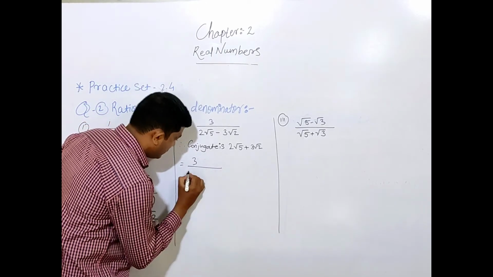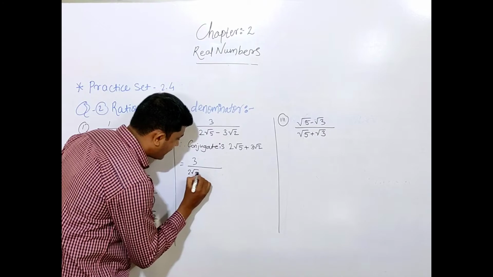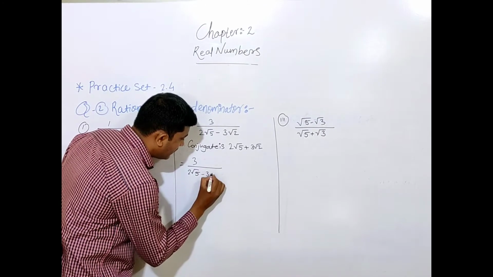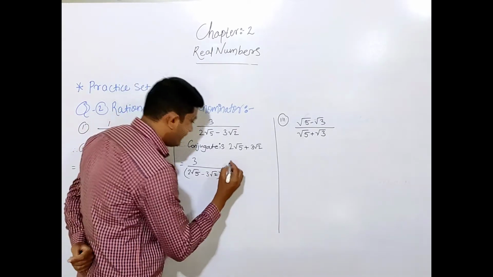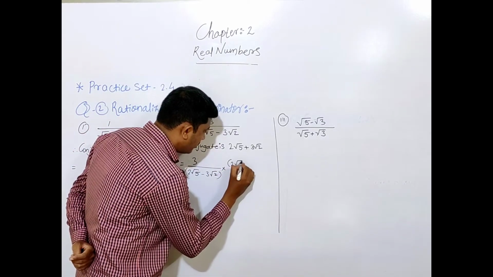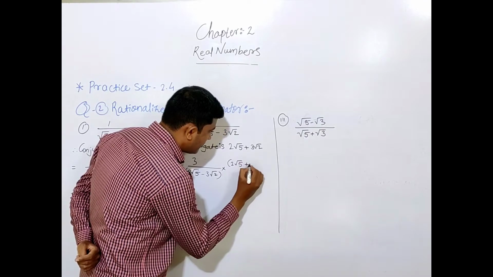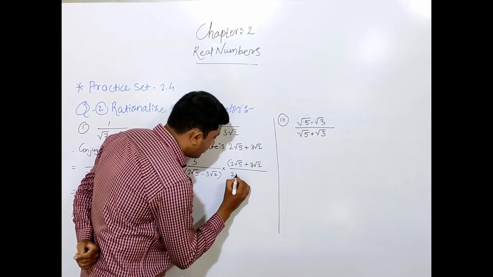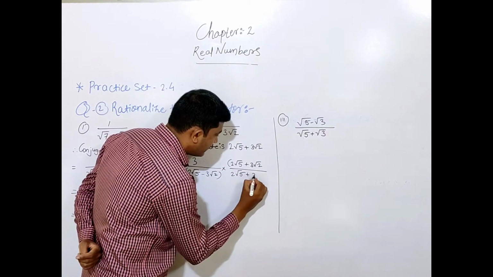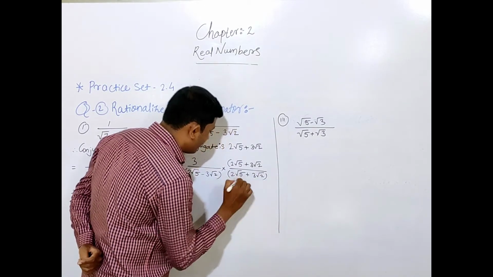3 upon 2 root of 5 minus 3 root of 2, multiplied by 2 root of 5 plus 3 root of 2 upon 2 root of 5 plus 3 root of 2.